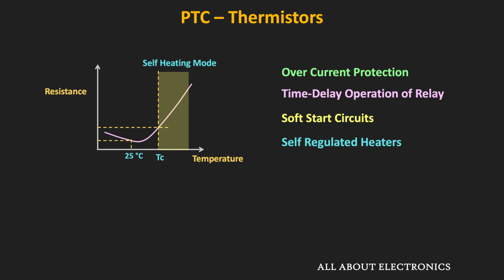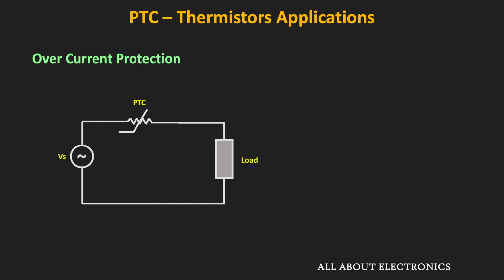As I said, they are used for overcurrent protection. In normal operation, the current through the PTC will be nominal, because the temperature of the PTC will be less than the Curie temperature. In that case, it will offer low resistance.